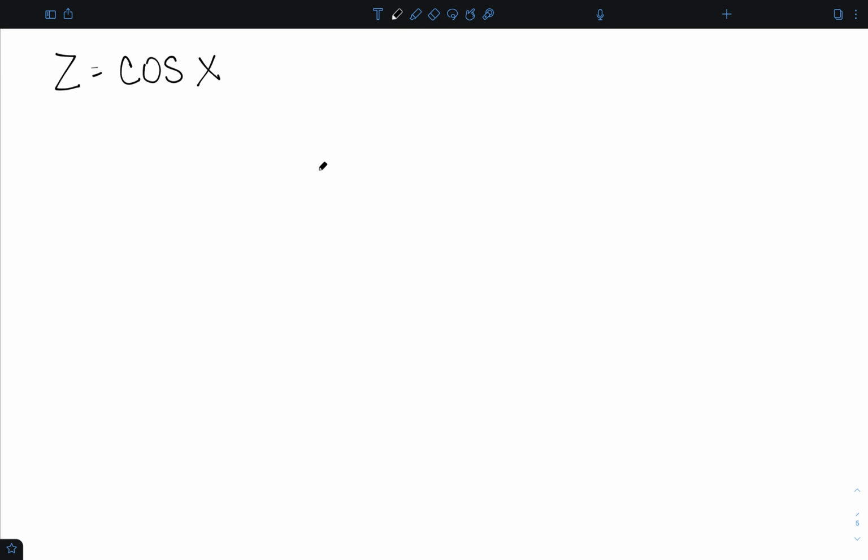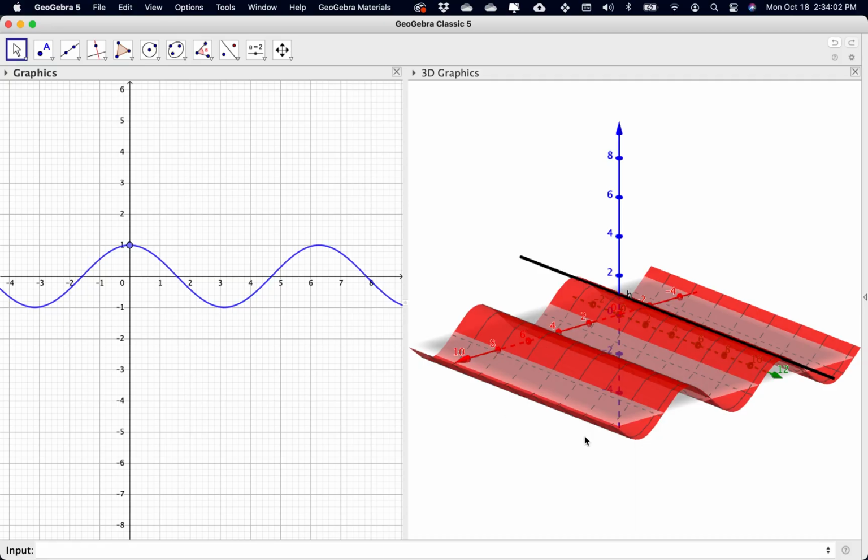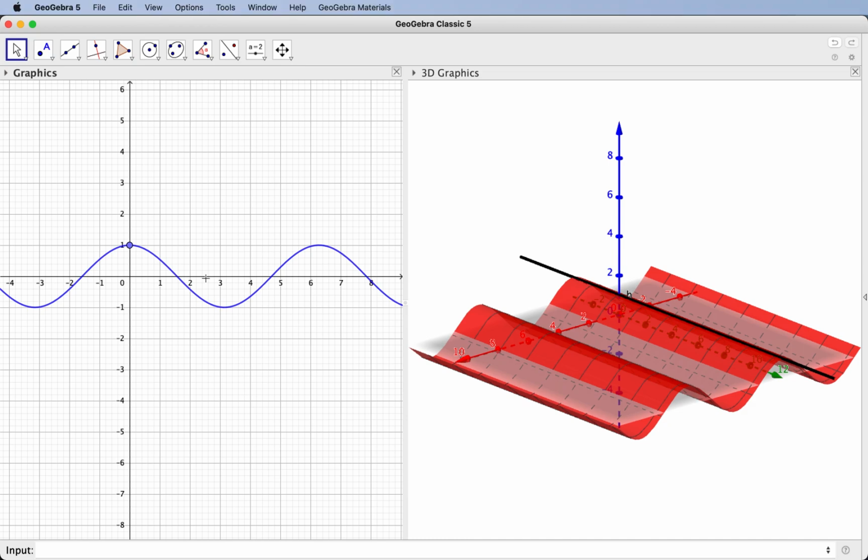To start with, let's consider the graph of z equal to cosine x. Here, I have the graph of z equal to cosine x on the right, and on the left, the actual equation z equal to cosine x in 2 space, where I have my x and my z will be the vertical axis. And the idea is this point that I have marked on this graph is going to correspond to this line in 3 dimensions.